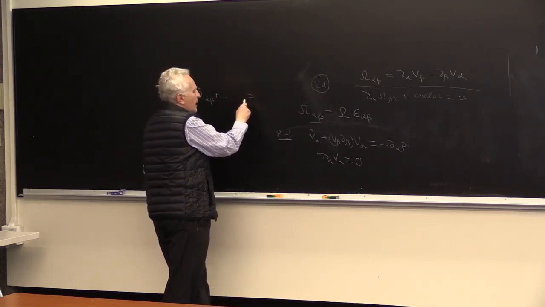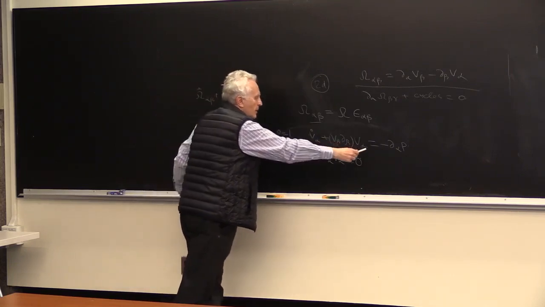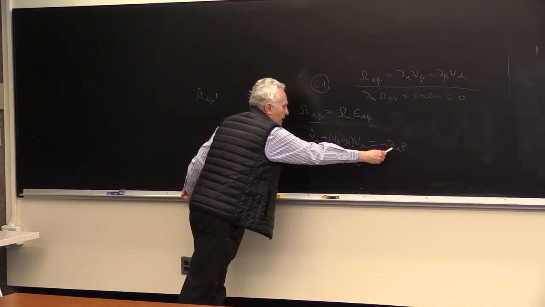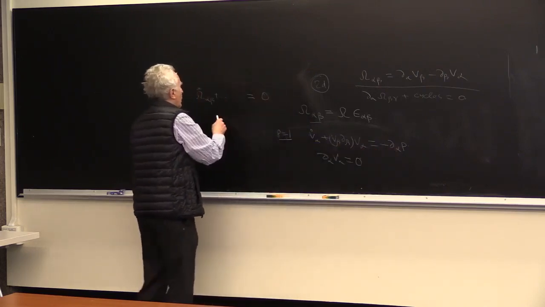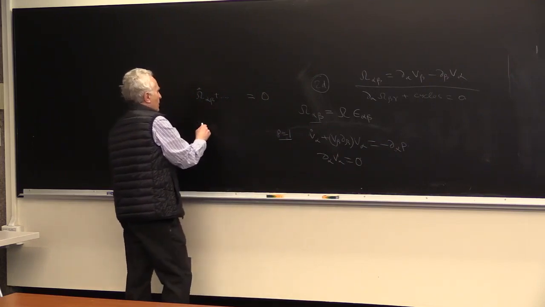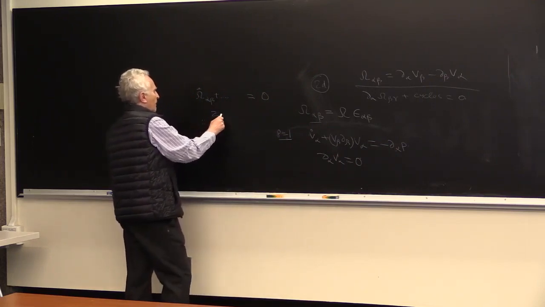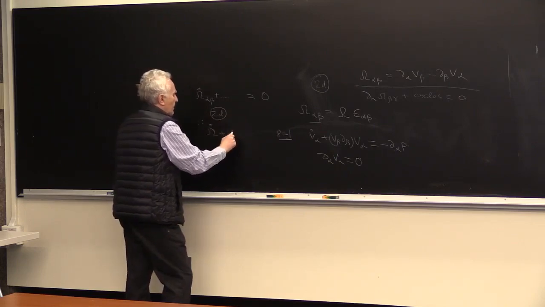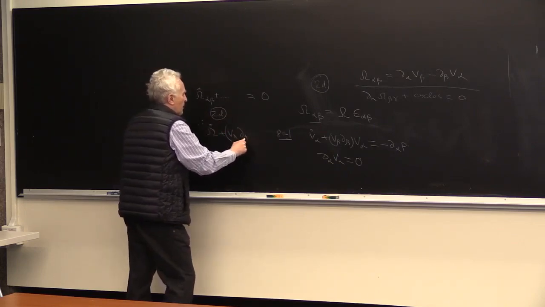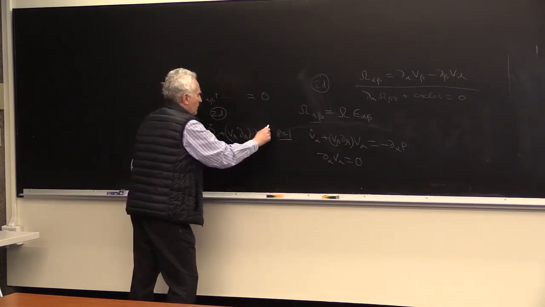But on the right-hand side, you will get 0 because you have d alpha d beta minus d beta d alpha. In particular, in 2D, omega dot plus v lambda d lambda omega is equal to 0.